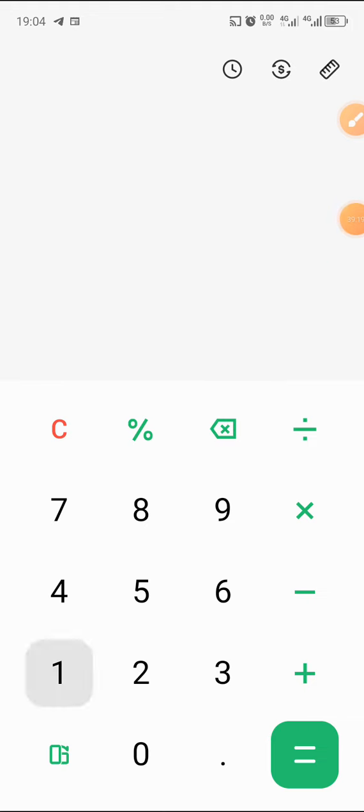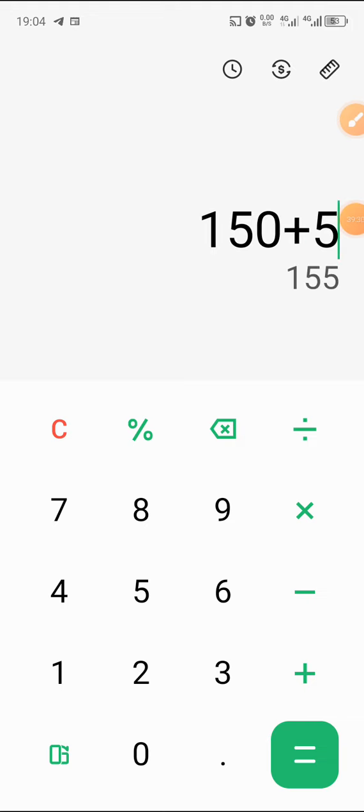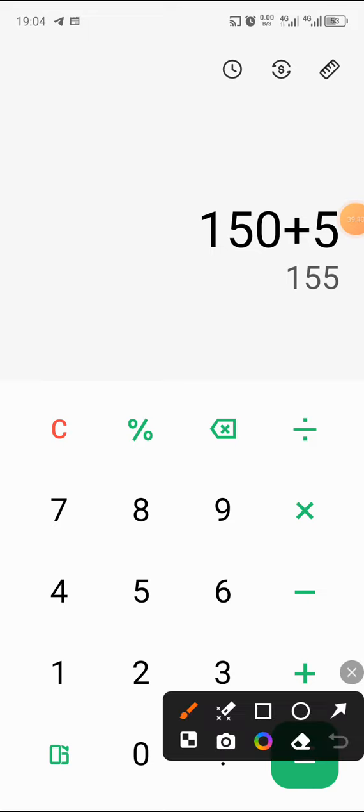So 150 plus the first buying amount, any of your choice, a minimum of 5, meaning this strategy will work perfectly for a person of $155 and above.